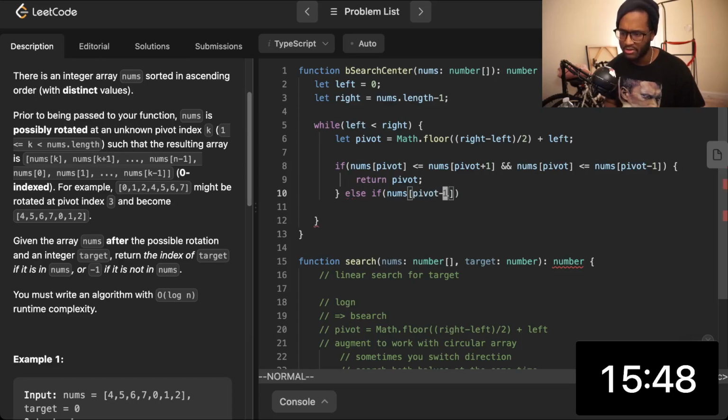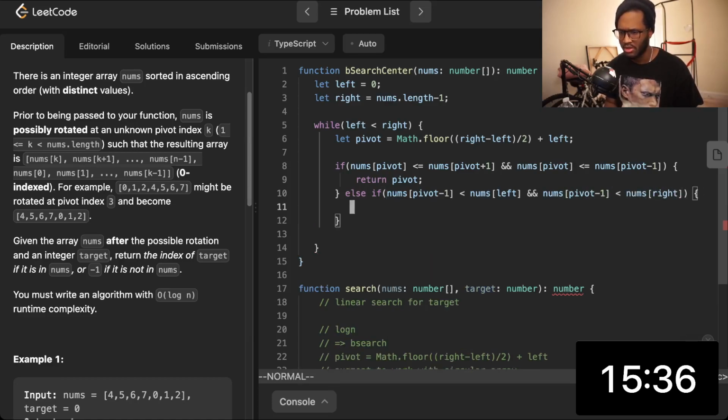Nums sub pivot minus 1, check if it is less than left, and it should be less than right. Are we gonna actually make it less than or equal? Probably. Right would equal pivot minus 1.